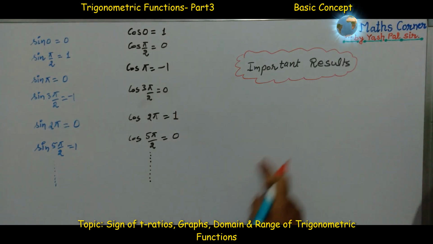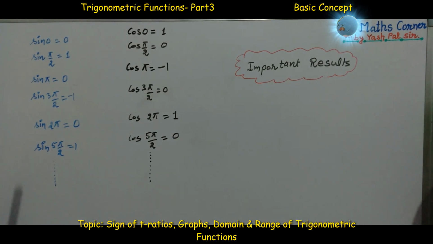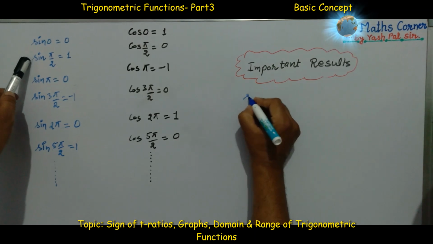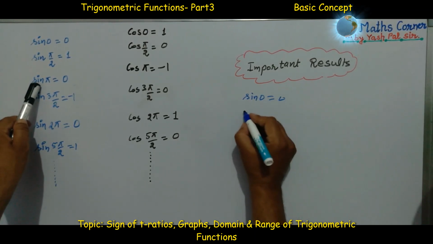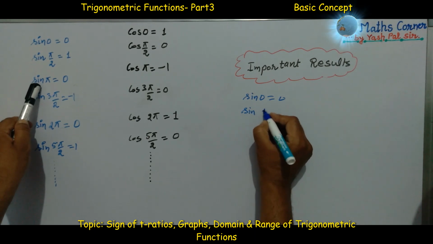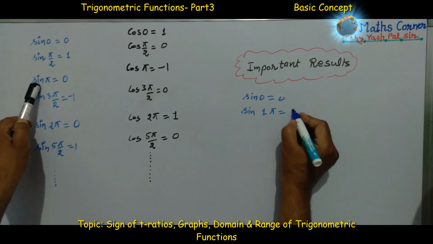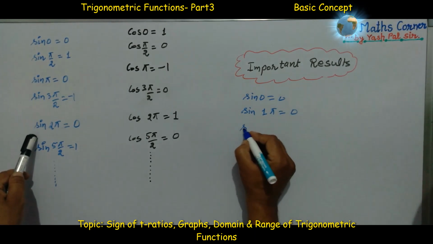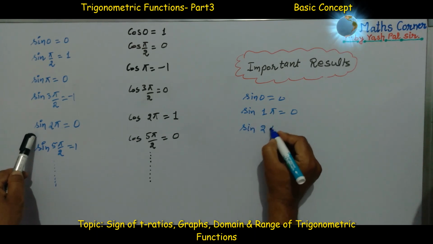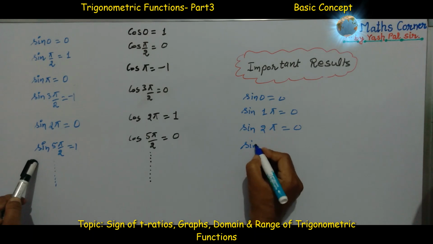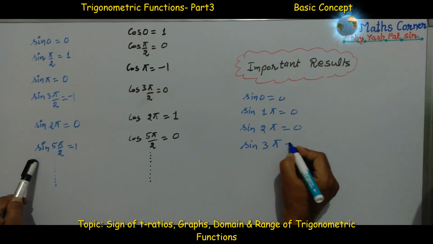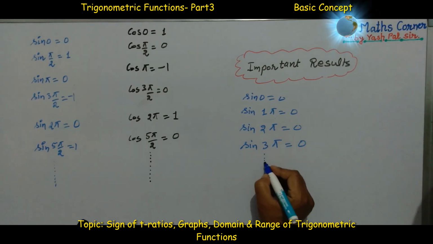From this we can have some important results. What are they? Here we see that sine 0 is 0, sine 1 pi is 0, sine 2 pi is 0. Similarly we shall have sine 3 pi is equal to 0, and so on.